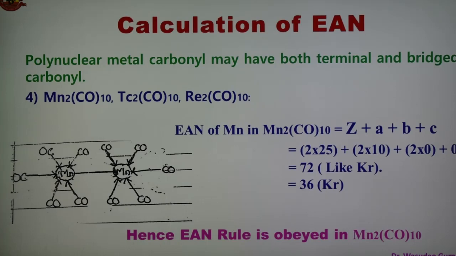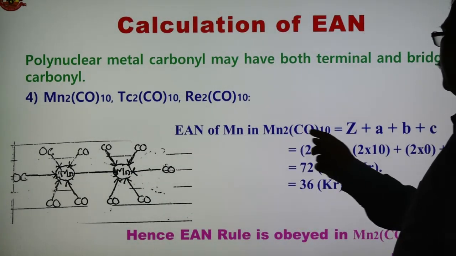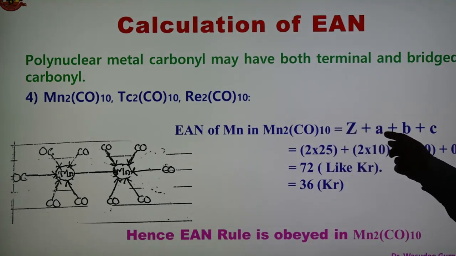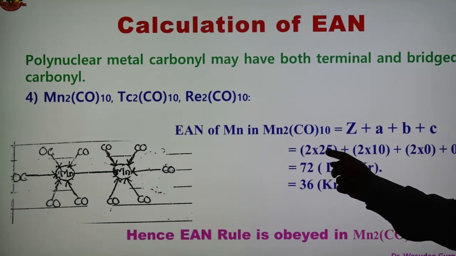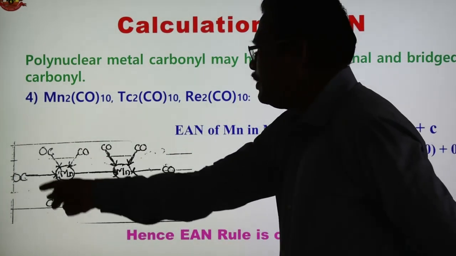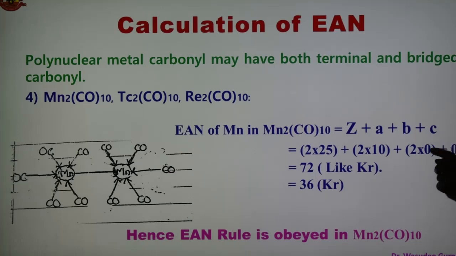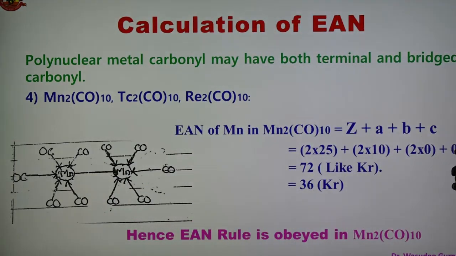So this is the structure of Mn2CO10, and the EAN of manganese in Mn2CO10 uses the same formula, Z plus A plus B plus C. Z is the atomic number of manganese, 25, and 2 metals are there, so 2 into 25, and terminal carbonyls are 2 into 10. No bridging. The metal-metal bond: one bond is there, so 2 electrons are involved, so here 2.